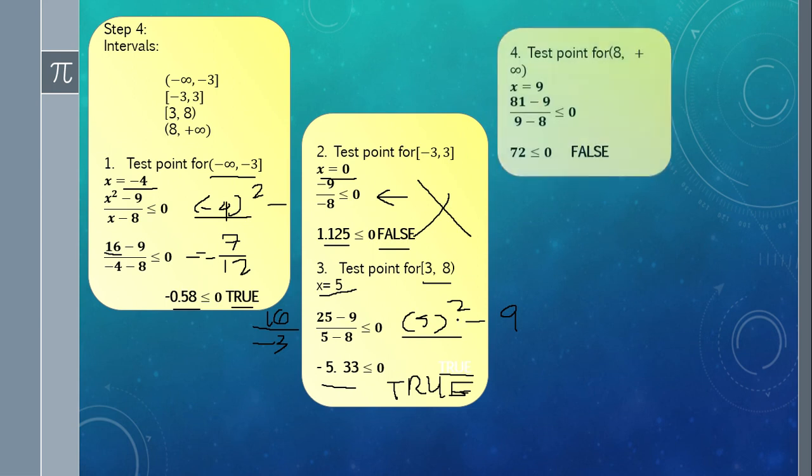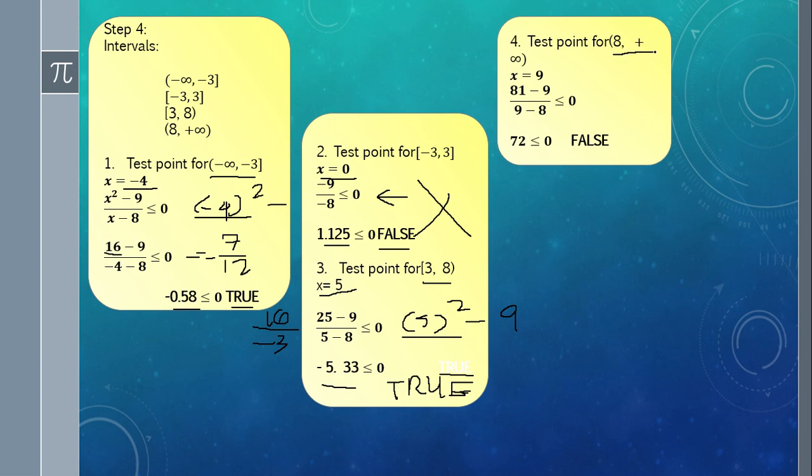Now for the last test point, which is the interval from 8 going to positive infinity, I choose 9. It's greater than 8 and it belongs to that interval. So we have here 9 squared. On your numerator, don't be confused, that is 9 squared minus 9. So that's 81 minus 9 on the numerator. We simplify that: 81 minus 9 is equal to 72 on the numerator, over 1 because 9 minus 8 is 1.